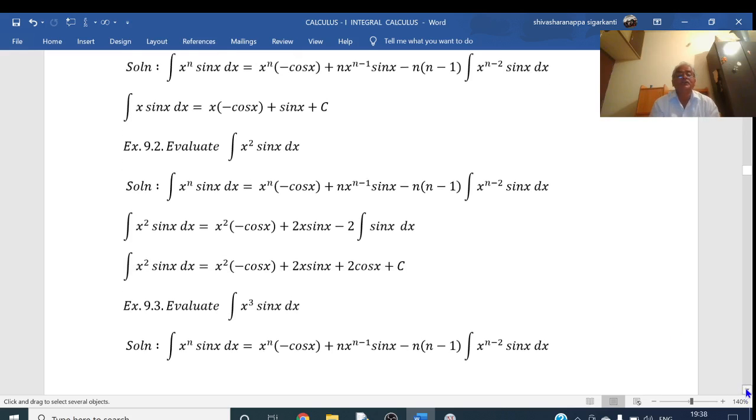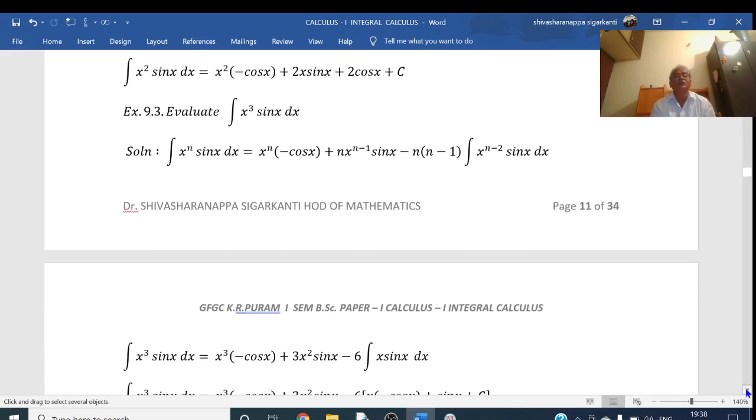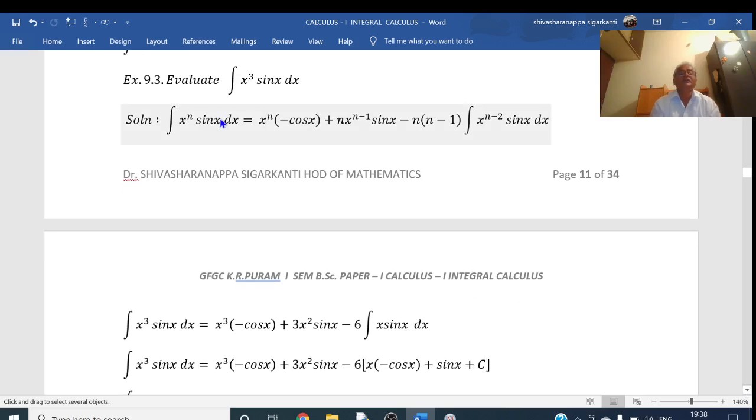Next example is x cube into sin x. Here we have n equal to 3. So if n equal to 3, this becomes x cube into minus cos x plus 3x square into sin x minus 3 into 2, 6, into x to the power of 1, that is x sin x dx.